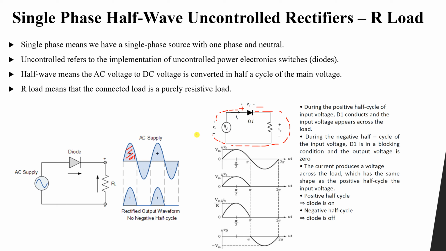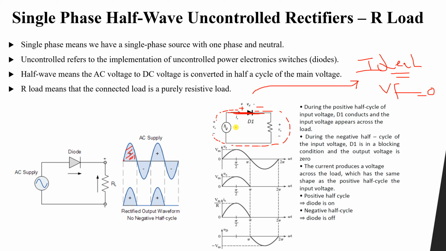Since the diode has a positive voltage across it, let's assume for now that it is ideal. For simplicity, ideal means that V forward is equal to 0, so any positive voltage will make it start operating. Starting from this point it will start conducting. So this diode will become a short circuit during the positive cycle, because it has a positive voltage across it.